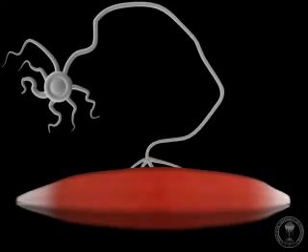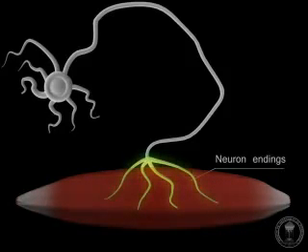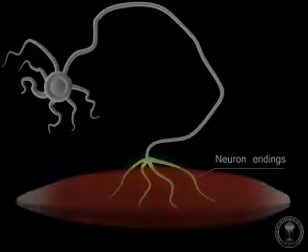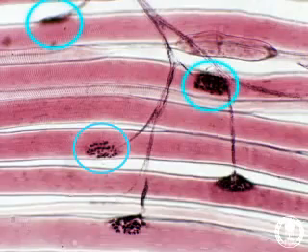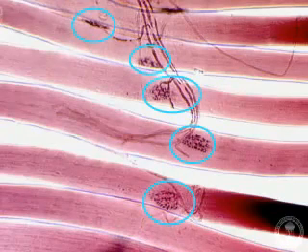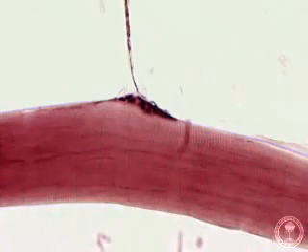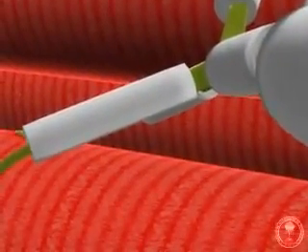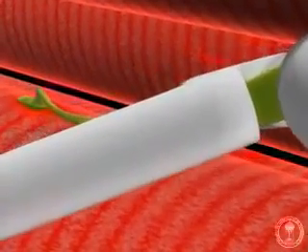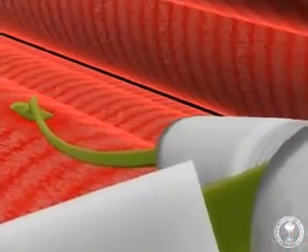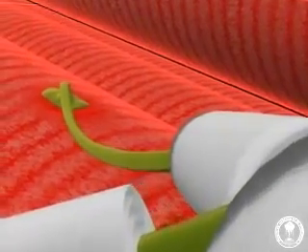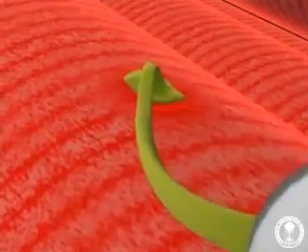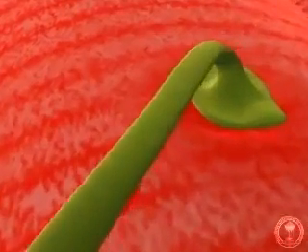A single motor neuron gives several endings that sometimes scatter throughout the thickness of a muscle. Each ending is intended to stimulate a single muscle fiber in a specific place, the neuromuscular junction. Just before the axon terminal, the neuron loses its myelin sheath and forms a terminal button.